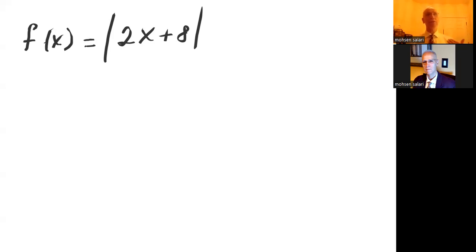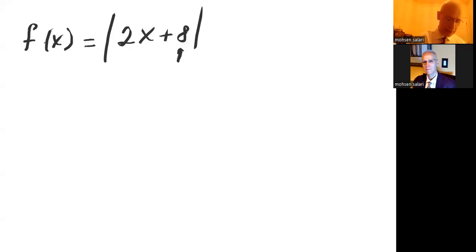It's just been shifted to the left and stretched up. So there are two ways to look at this. The way I like to teach you is to find where the vertex is, and I'll show you both ways.